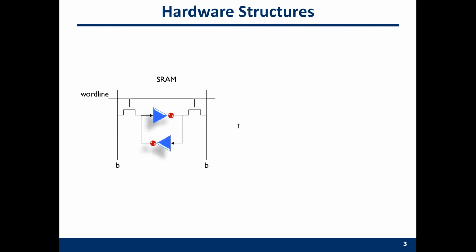So this is the SRAM cell. One inverter costs 2 transistors, so 2 inverters totally cost 4 transistors. Besides these, you also have access transistors, making 6.